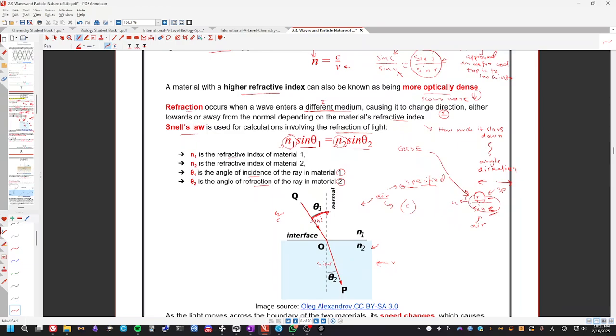So this is simplified because your incident material, your n1 in this case, is always going to be air, right? But your n2 is going to be something else. Your n2 can be varied, so that's why you use this formula, because your n1 is always going to be the same. Now, when we have two different materials, let's say we have glass and water, or plastic, and then some kind of other transparent material.